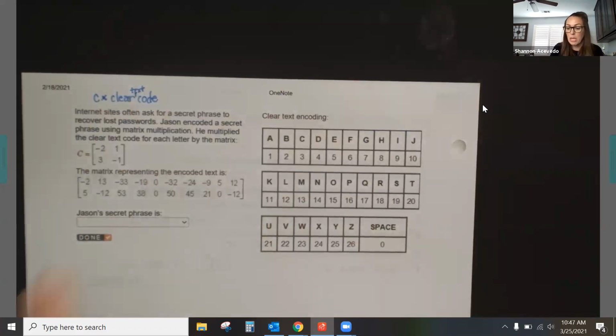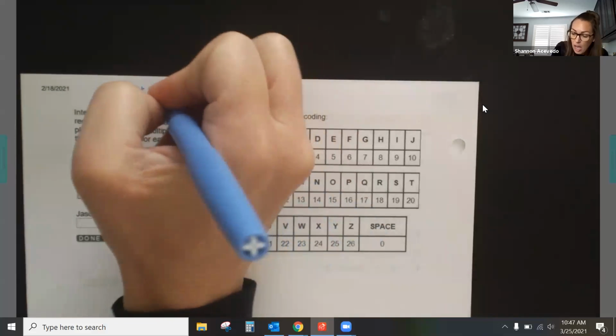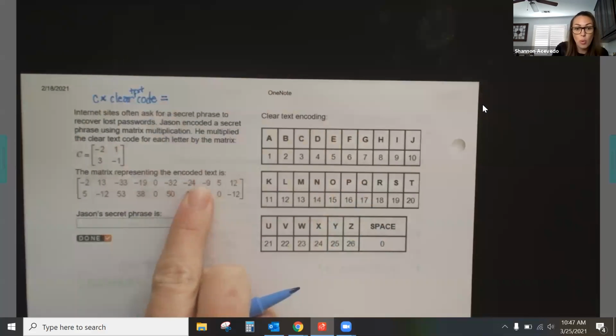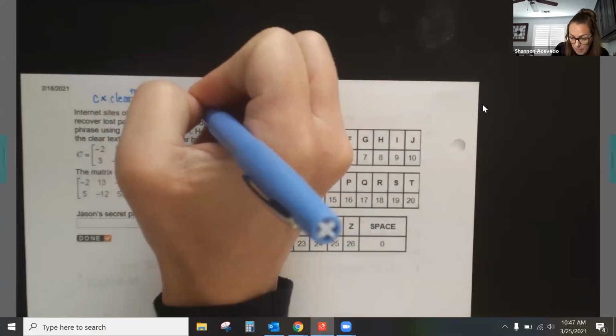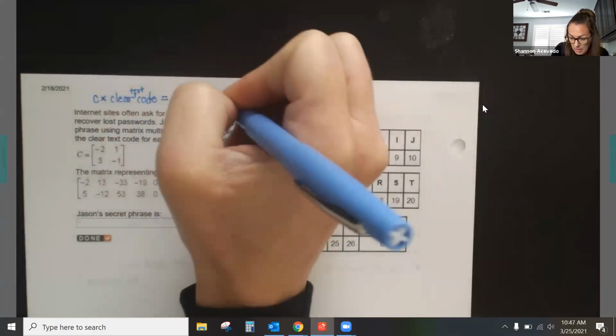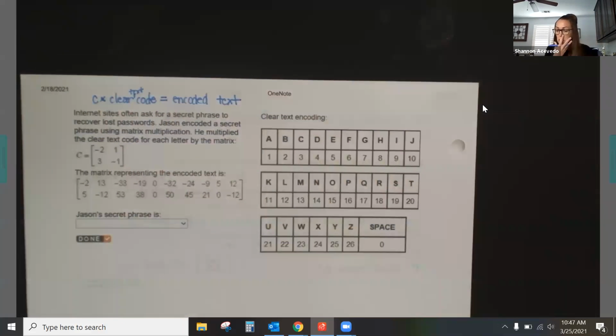And when he multiplied this matrix by the clear text code, we don't know what that is, he ended up with this encoded text. That's how he got his encoded text.